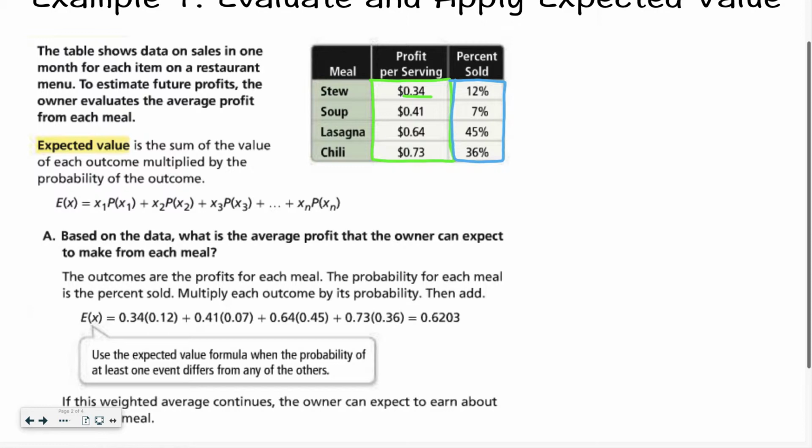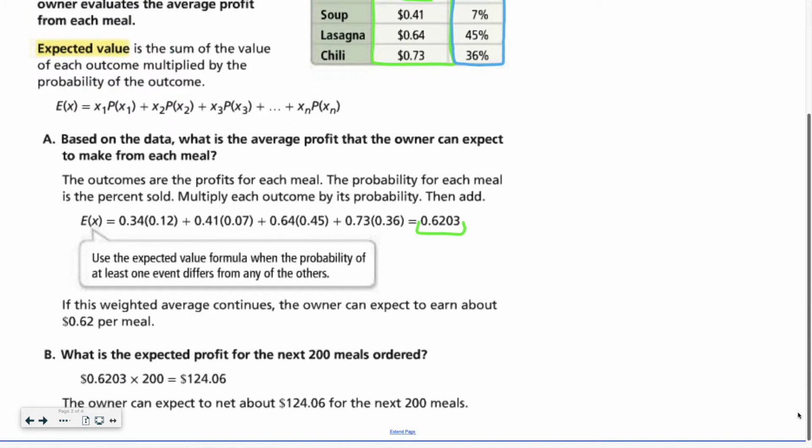When I multiply all of those and then add them together, I end up with 0.6203 as an answer, which means that if this trend continues, the owner can expect to earn about 62 cents per meal.